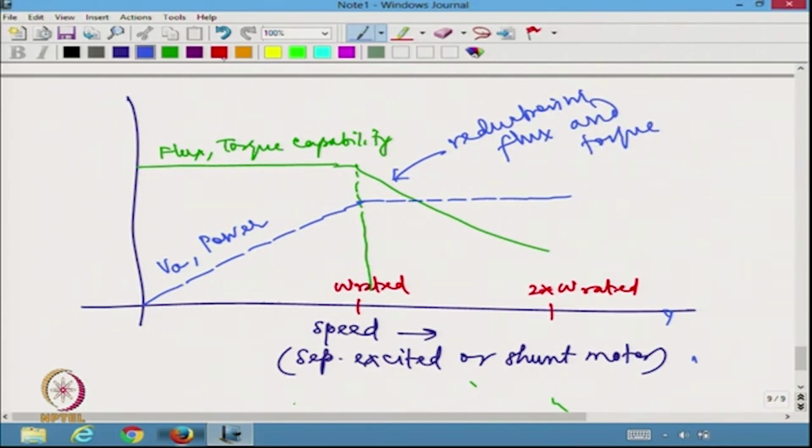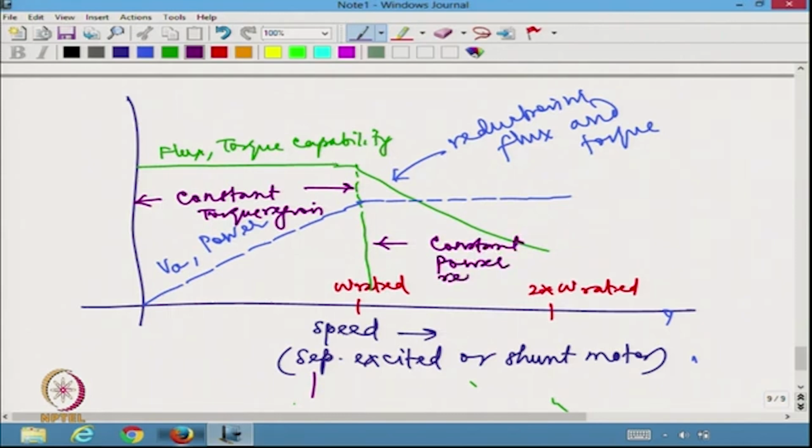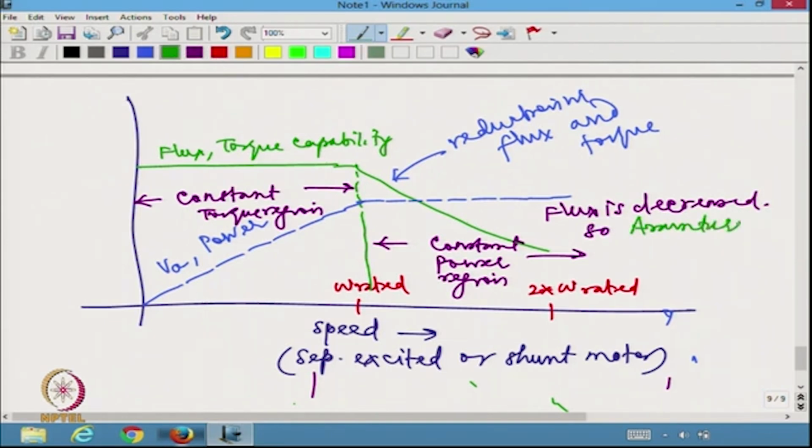So, I would say this region is constant torque region and this region is constant power region, right. So, at this point the flux is decreased. So, armature reaction will show stronger effects.